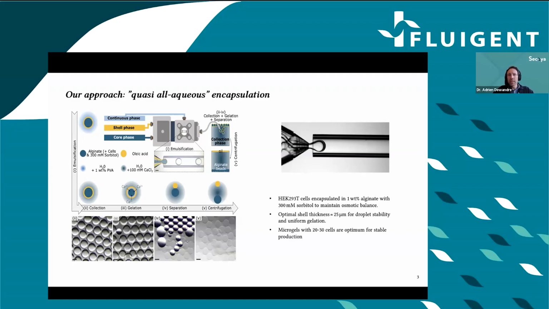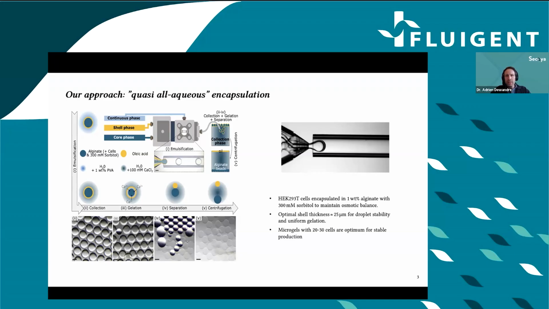Oleic acid, the main compound of olive oil, so it is biocompatible, we use as the shell, the sacrificial layer, and water with PVA, polyvinyl alcohol, as the continuous phase. PVA is a surfactant to stabilize the emulsion, to avoid coalescence when we collect the double emulsion.